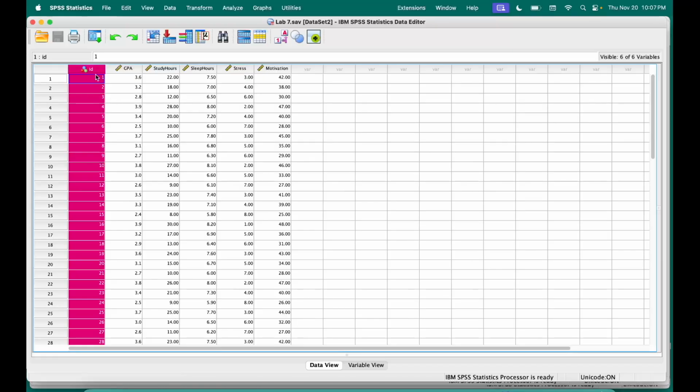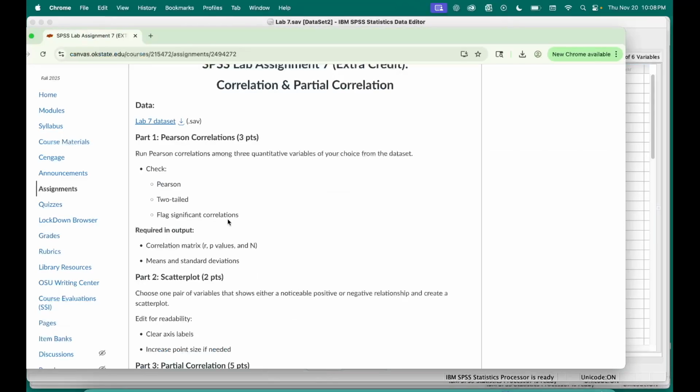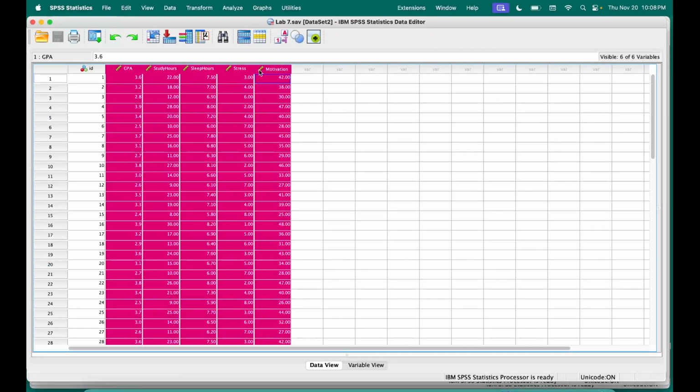So as long as you don't put that in your correlations, you should be fine. So what you should do is pick 3 of the quantitative or scale continuous variables, however you want to phrase it, whatever interests you, to run correlations for.